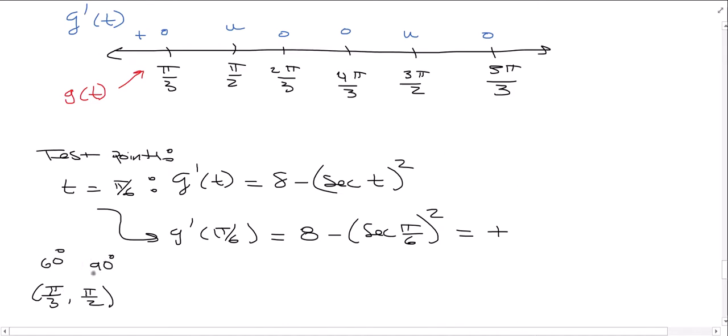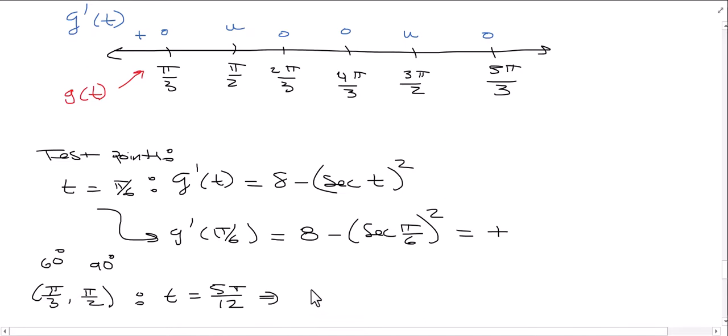So you could pick like 80 degrees, or you could pick the midpoint between these two. So add them up and divide by 2. When you add them up, you get 5 pi over 6, and then divide by 2, the average, the midpoint, you get 5 pi over 12.